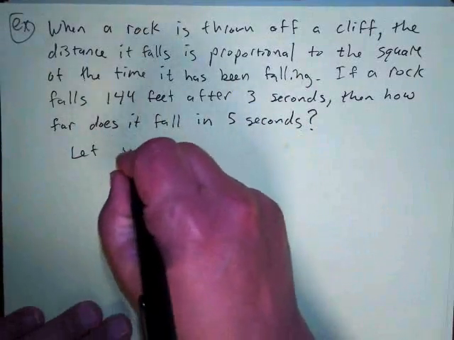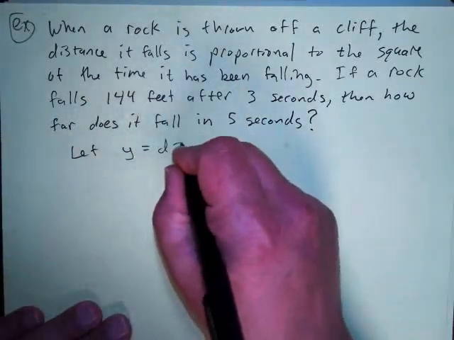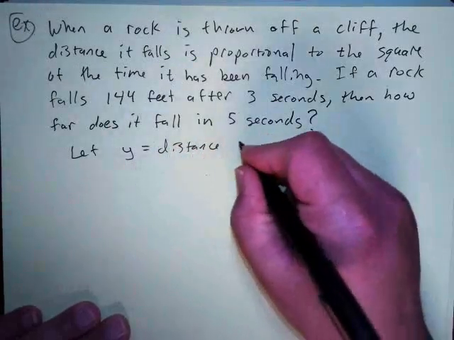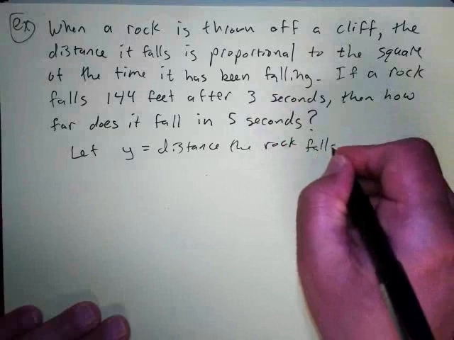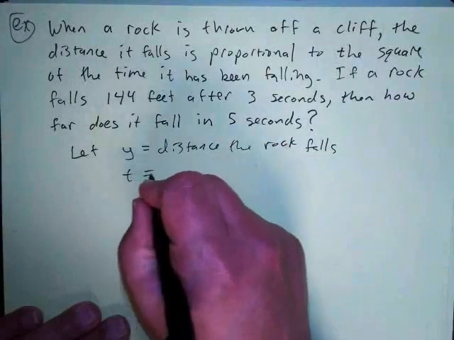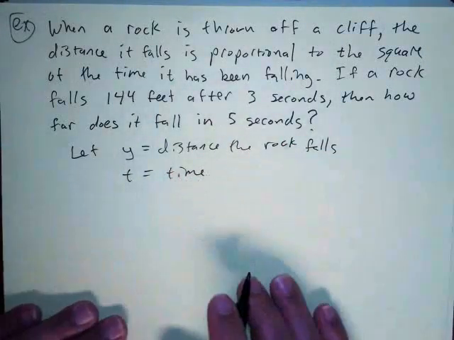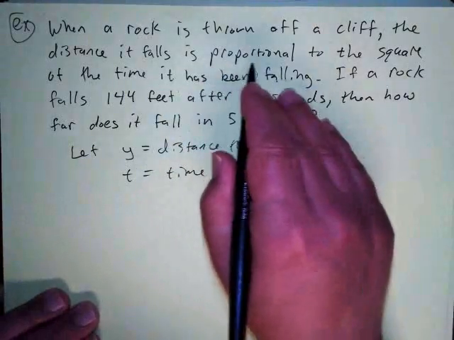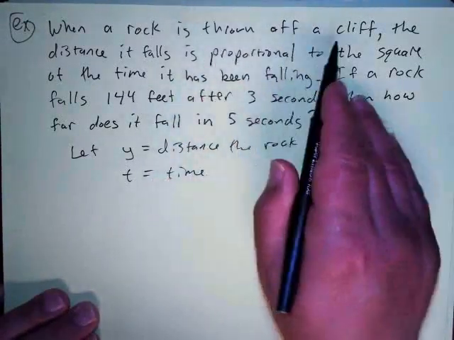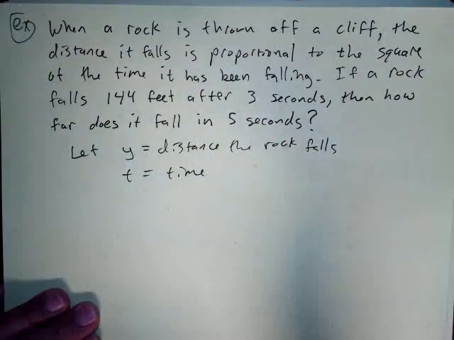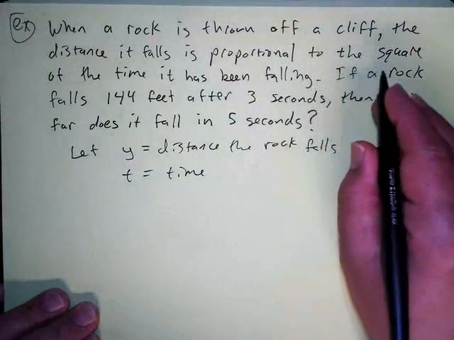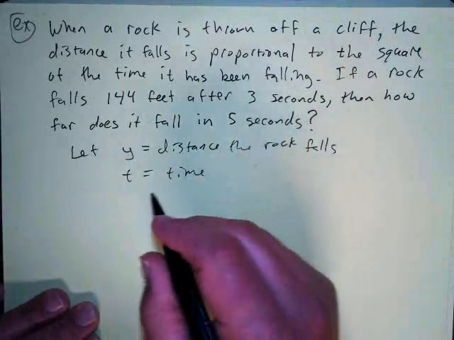Let's let y equal the distance the rock falls. And then let's let t equal the time that it falls. And so what this is telling me is that when a rock is thrown off the cliff, the distance that it falls, y, is proportional to the square of the time it has been falling.